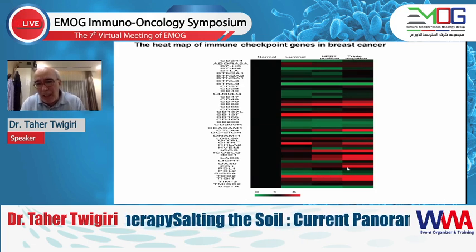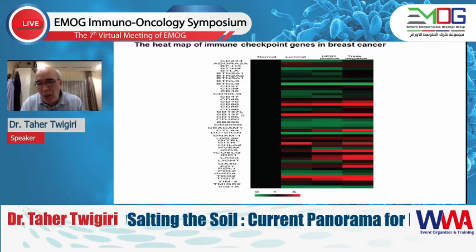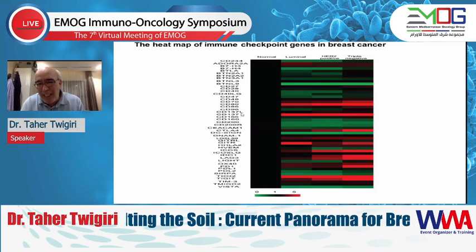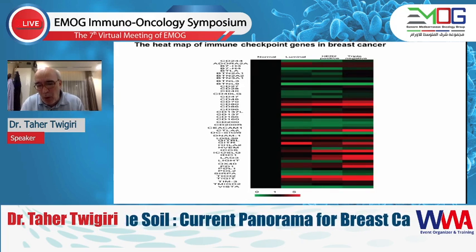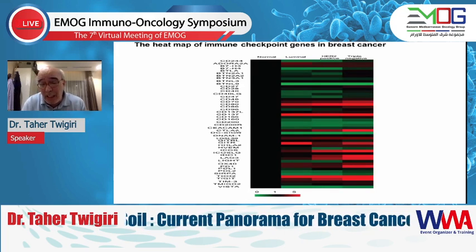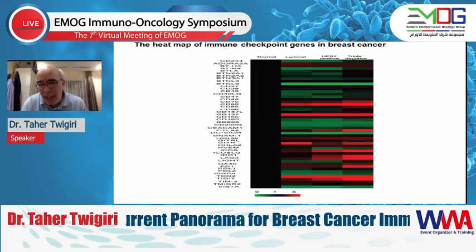And then, as you can see here, the CD70, CD80, CD137L, and then CTLA4 and so on have not been translated into clinical trials, and we have difficulty understanding this.